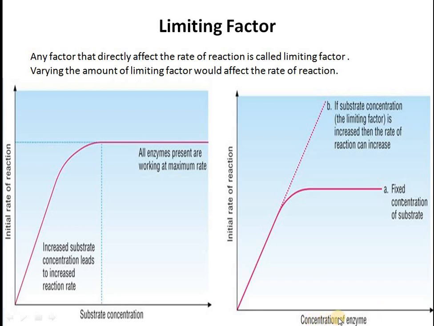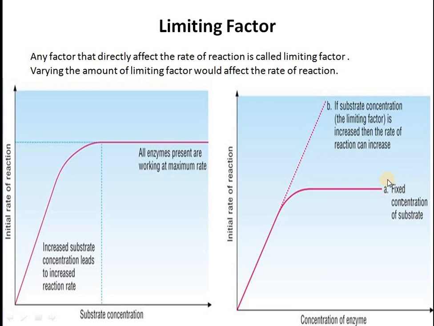Now what we have in unlimited amount is the enzyme. Now we don't have unlimited amount of substrate. Like in the previous graph, I have taken the rate of reaction on y-axis. Now what is happening is that the rate of reaction is increasing as you are adding substrate, but after a specific period of time, the rate of reaction goes constant.